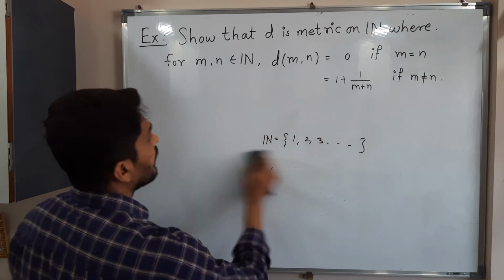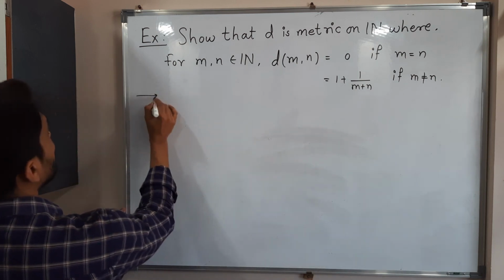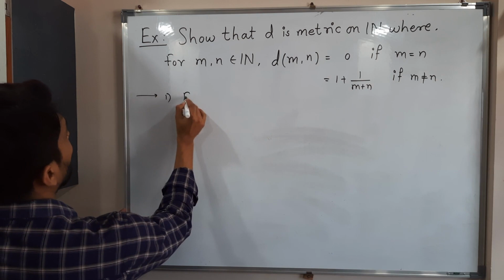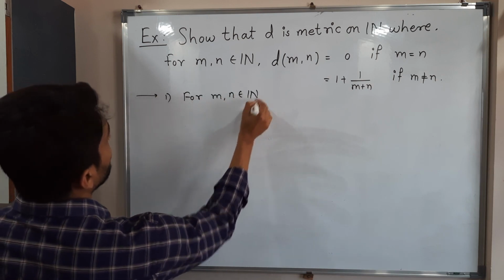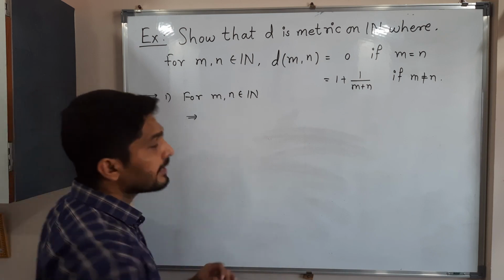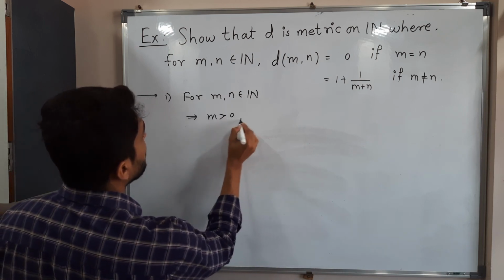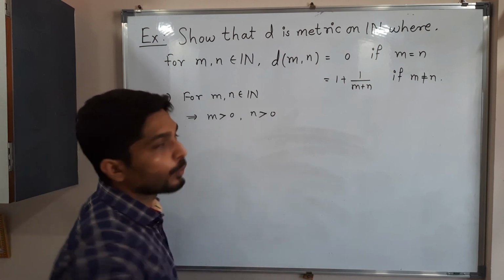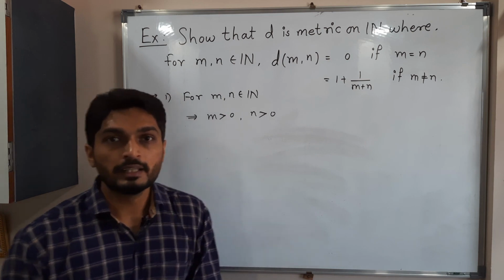I will start with the first property. If I select any two elements m comma n belonging to the set of natural numbers, these are natural numbers, that means both of them are greater than 0. Natural numbers 1, 2, 3, 4, 5, 6 are obviously greater than 0.